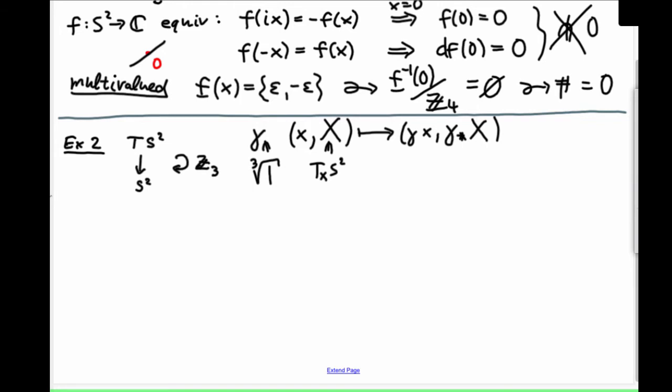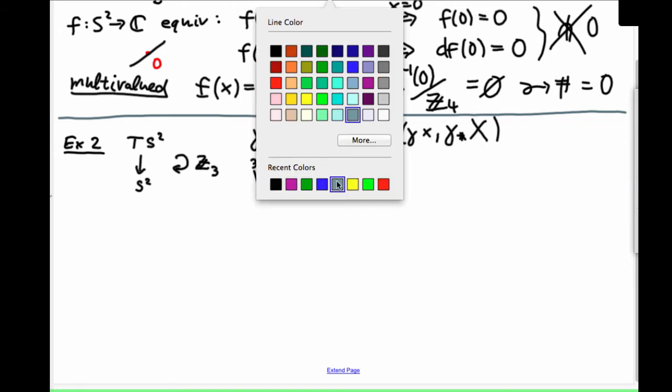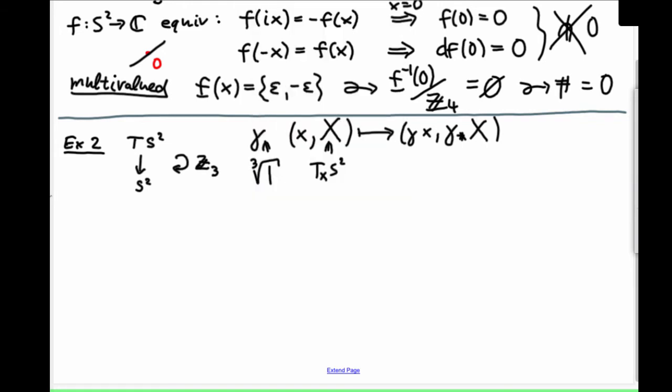So let's see how I should. Here's my S2. And I have rotations by 1/3 and 2/3. But again, there's 2 fixed points.